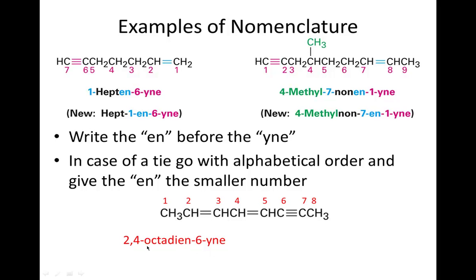So a good name for this is 2,4-octadiene. So we put the numbers out here in front, and they modify this part of the word, and then the 6 for where the triple bond is. Or if you would have numbered it this way, you see why these numbers, the red numbers, turn out to be smaller than if you would have used the blue numbers. So that's what we're talking about, trying to give the smallest numbers as we can.